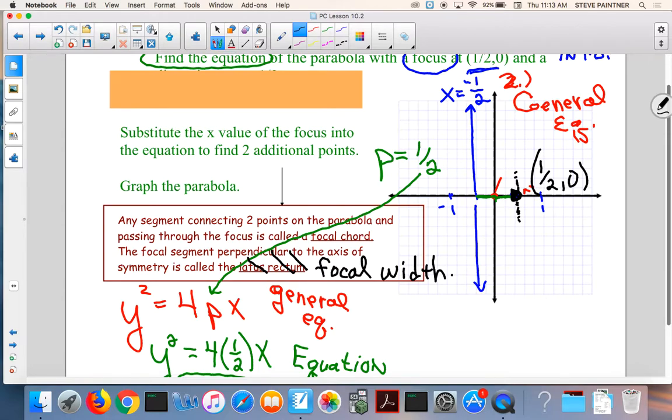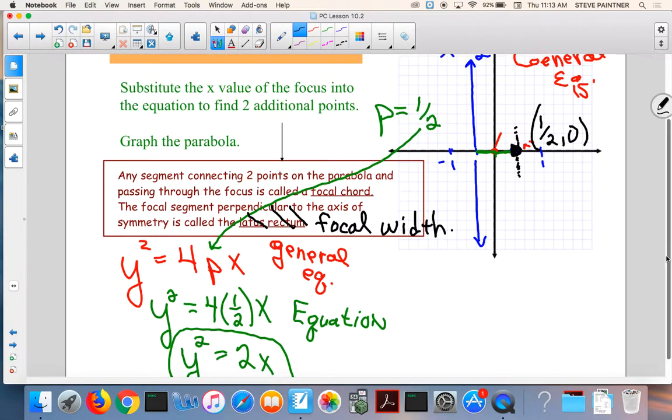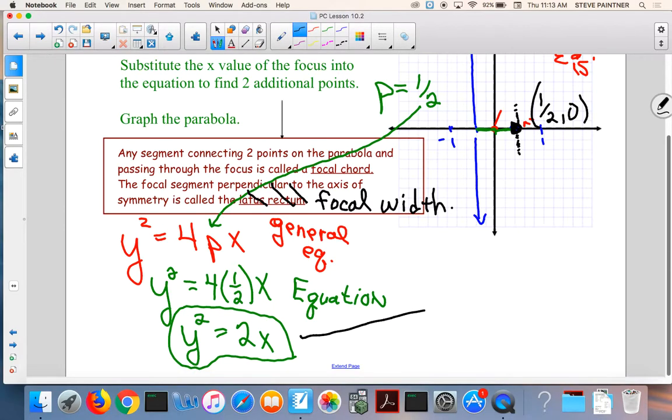Well, to do it, you're going to plug this number, the x value, into your equation down there. And there's your equation right here. So I'm going to plug 1/2 in. It's going to be y squared equals 2 times half. That's your x value. Okay? And then you're going to solve for y squared. y squared equals what? How much?